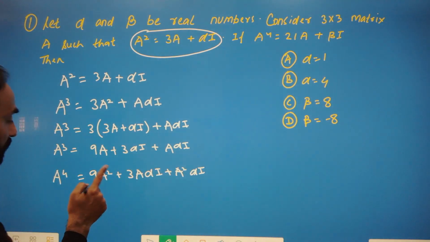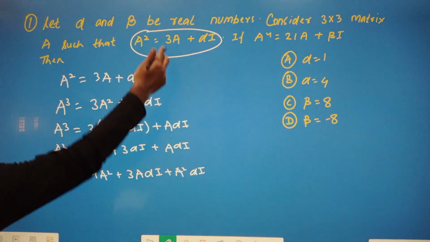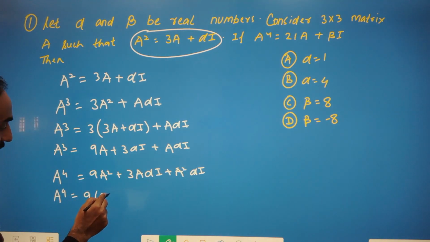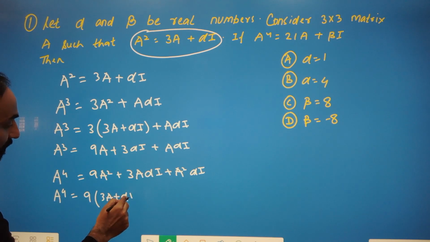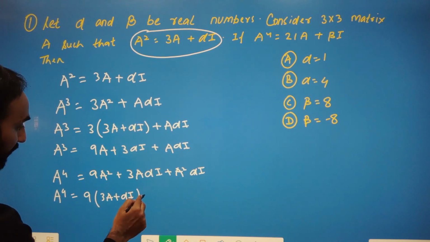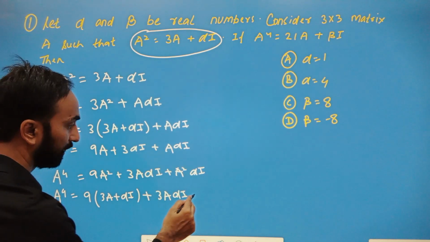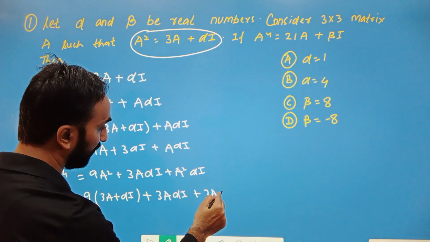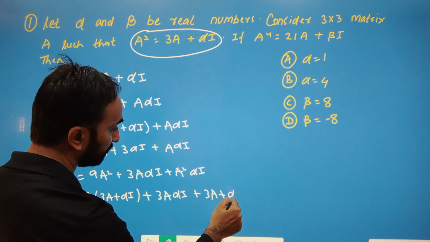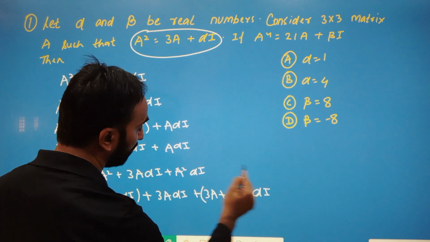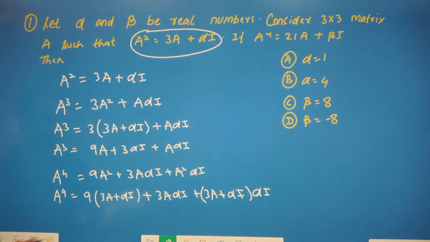Now wherever you see there is A square, just replace it with 3A plus alpha I. So I am replacing it: 9 times (3A plus alpha I), right? And here 3A plus alpha I plus 3A plus alpha I, and alpha I will be outside the bracket, right?